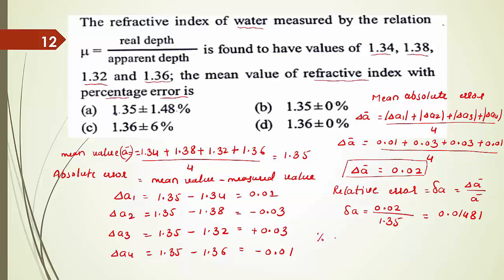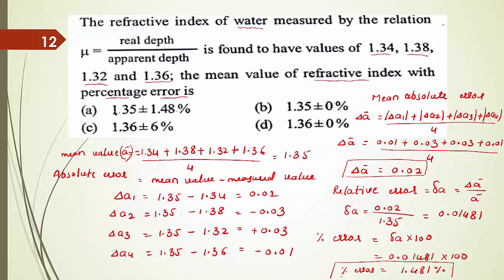Now at last we can easily find percentage error. Percentage error is what? Delta A into 100, that is relative error into 100. 0.01481 into 100, that gives 1.481%. This is percentage error.